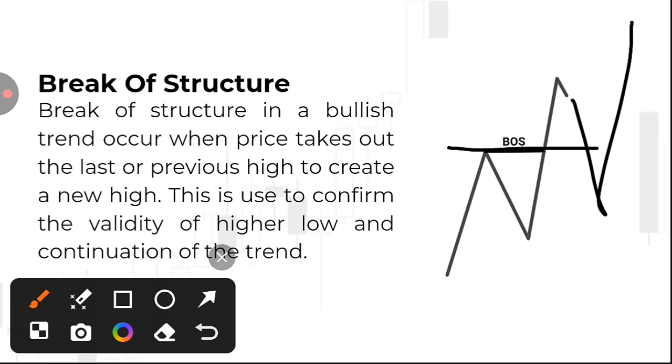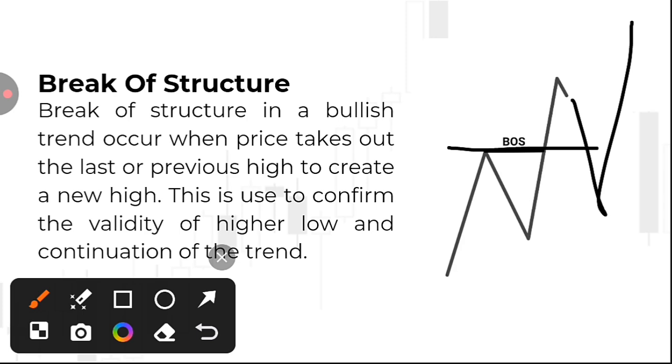So when you see a break of structure right there, you expect a little pullback or retracement into this price level, which is the discount level, and then you expect this low to hold because you already have a break of structure that signals continuation of this bullish trend.